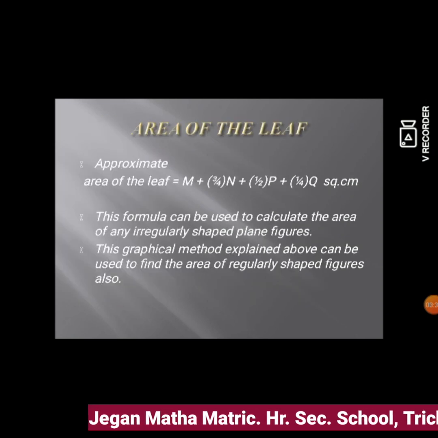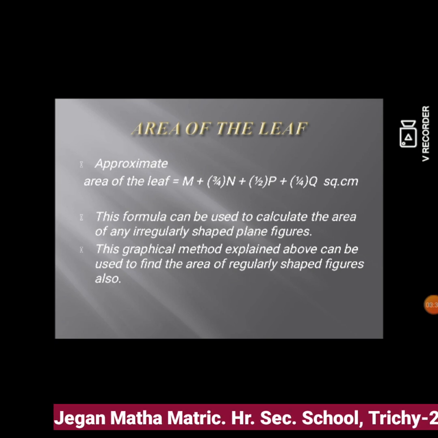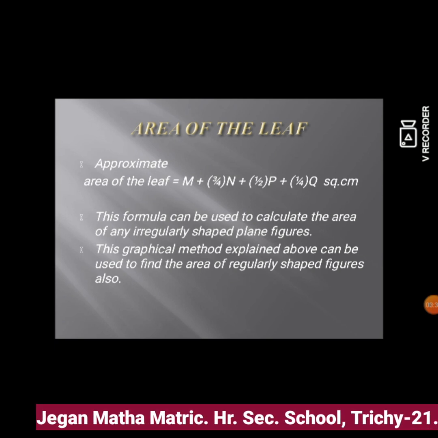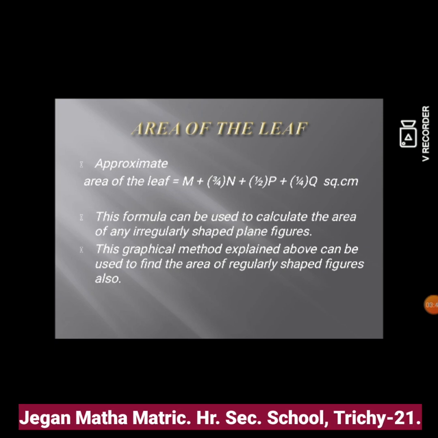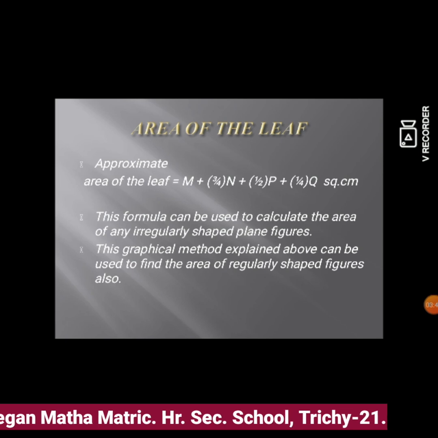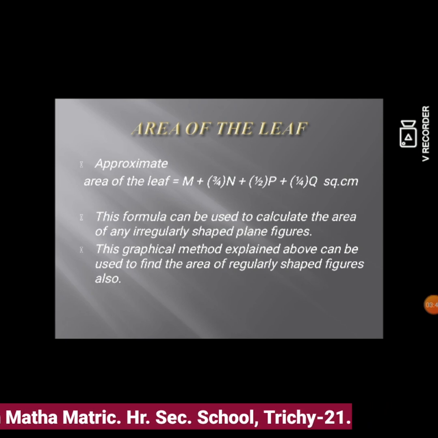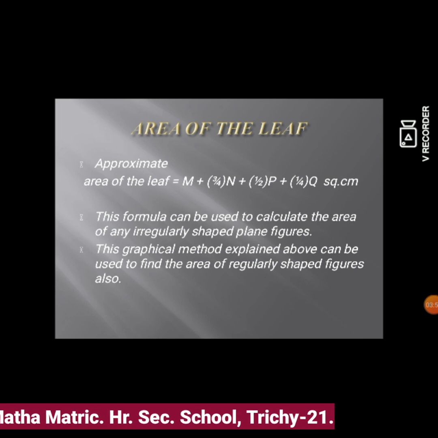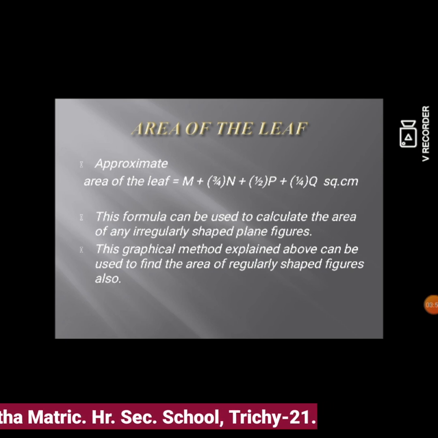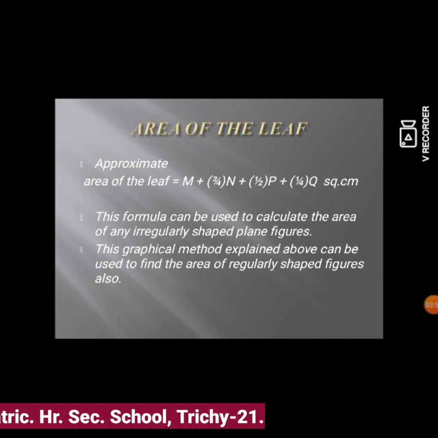Now we have to find the approximate area of the leaf. It is M, where M is the number of squares enclosed within the outline, plus 3/4 N, where N is the number of squares that are more than half, plus half into P, where P is the number of squares which are half of a whole square, plus 1/4 into Q, where Q is the number of squares that are less than half.